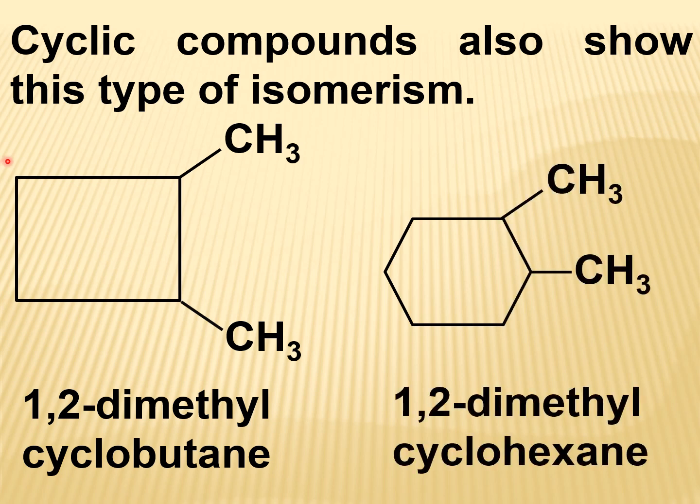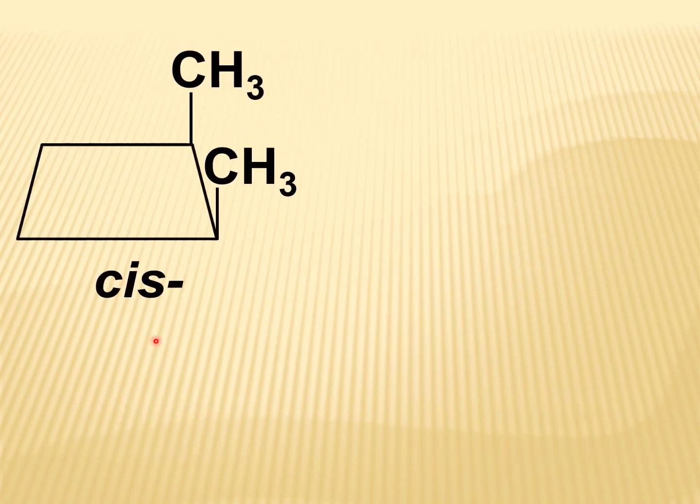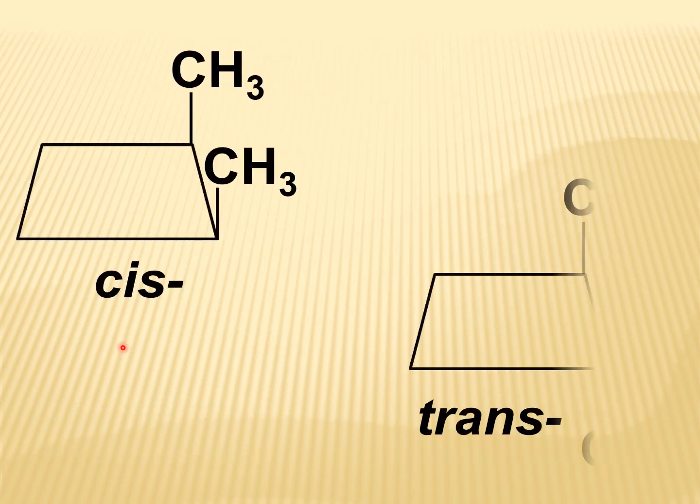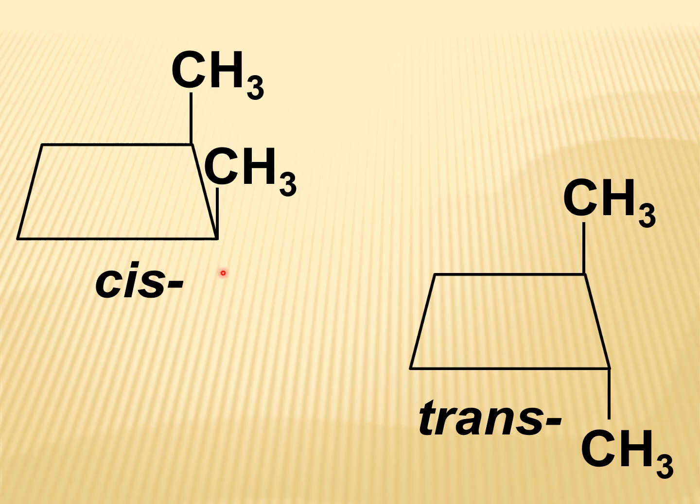You can see this is cyclobutane, and these are the two adjacent positions 1 and 2, and this is cyclohexane, 1 and 2. So 1,2-dimethyl, these are the compounds. Now 1,2-dimethyl cyclobutane shows cis-trans isomerism. How does it show that? We can see that this is the cis form and this is the trans form. Here the methyl groups are projecting in the same direction, and that is called the cis isomer.